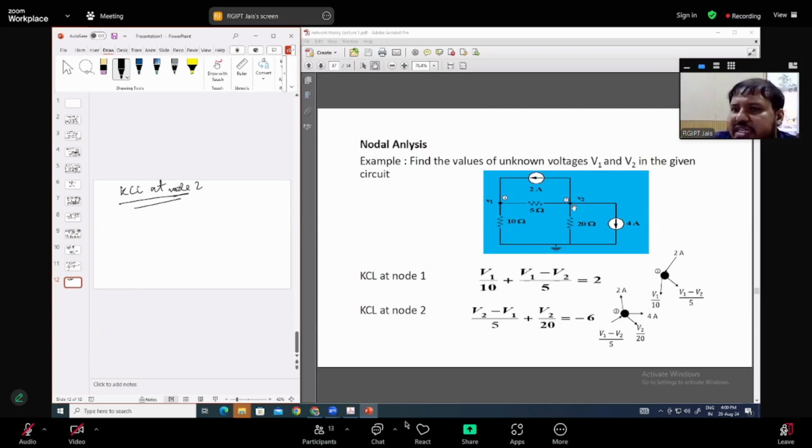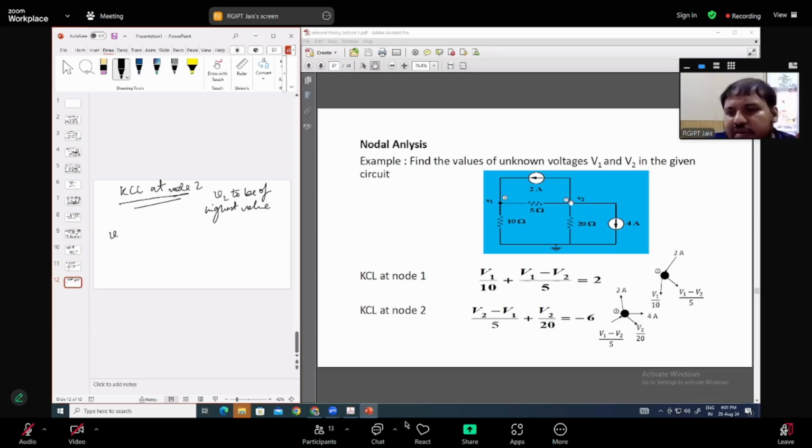When you are writing the KCL equation of node 2, you have to consider V2 to be the highest voltage. That means V2.